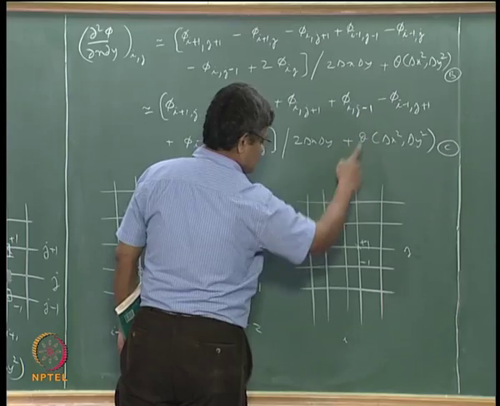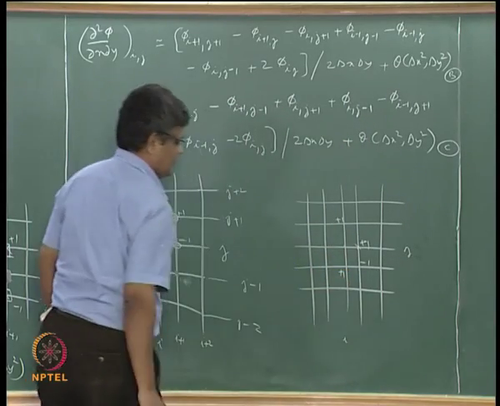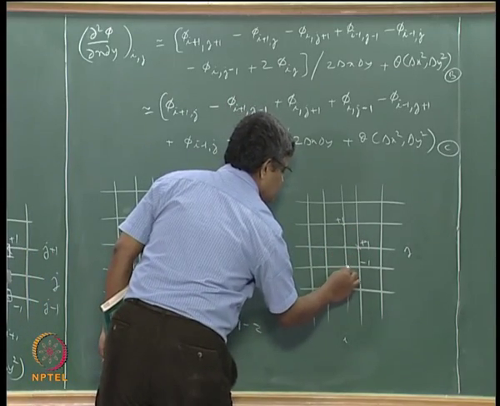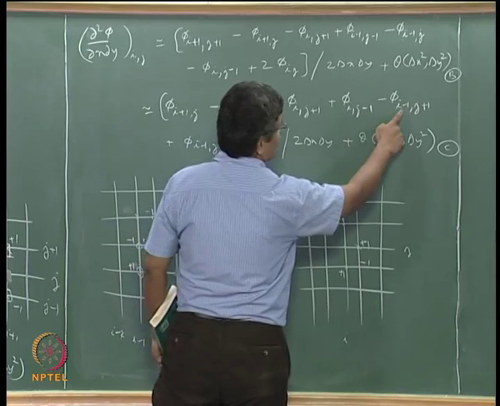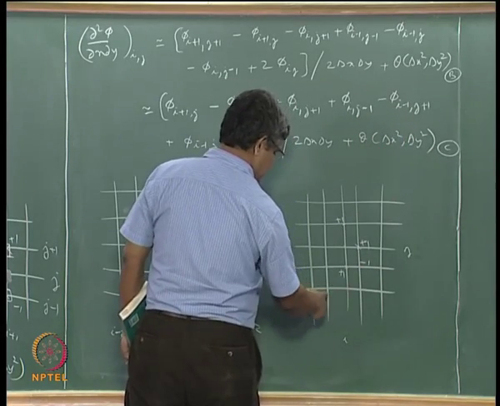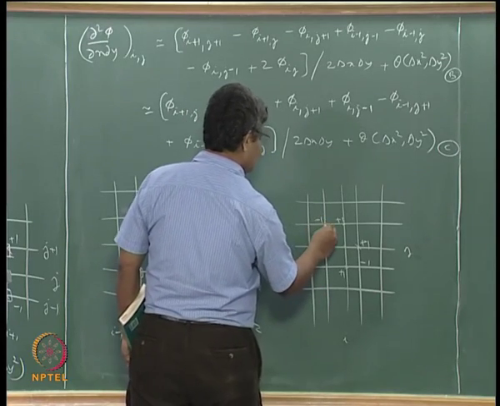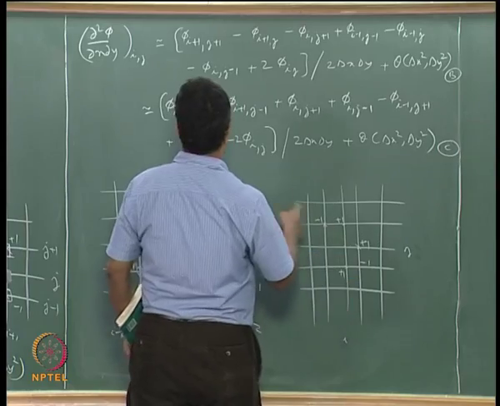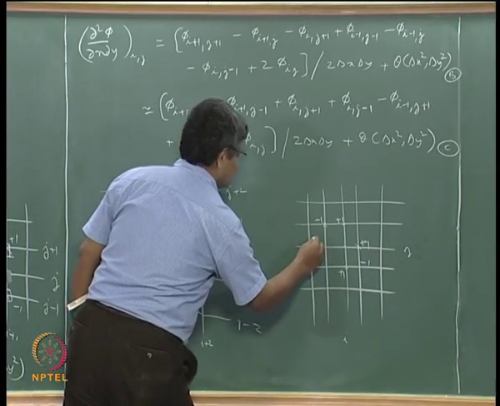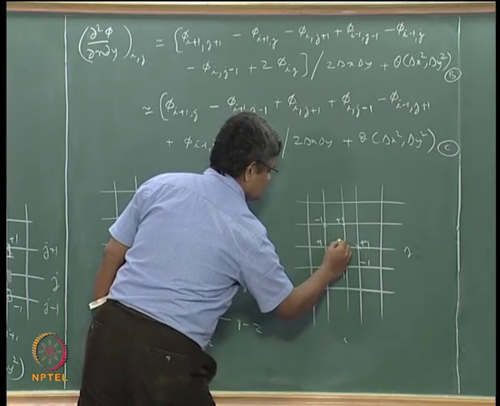i j minus 1 is this one, plus 1. Minus i minus 1 j plus 1. So i minus 1 j plus 1 is this, that is with minus 1. i minus 1 j is this one, this is plus 1, and this is minus 2.